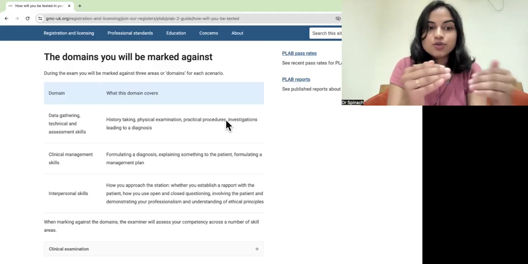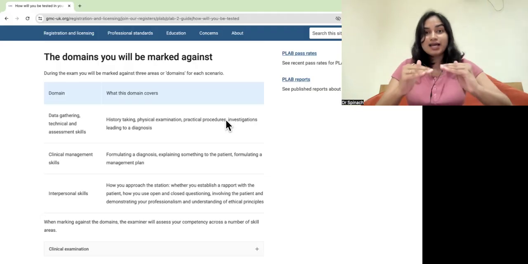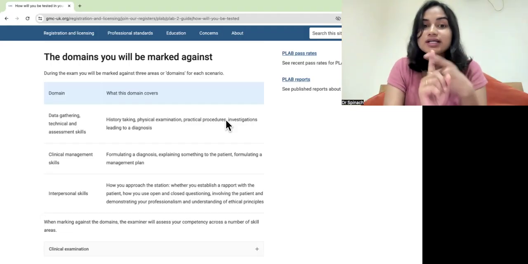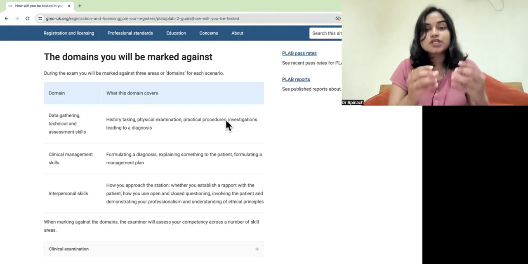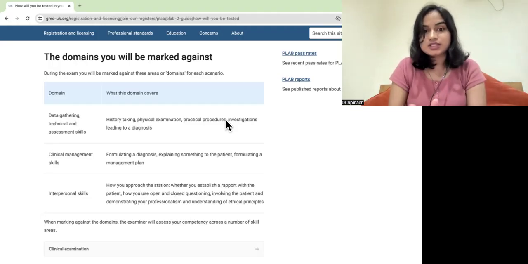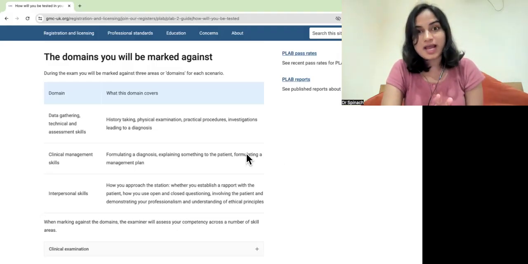Now, moving on to clinical management skills. Everything from the diagnosis onwards is covered in clinical management skills. So, formulating a diagnosis, how you formulated it, and how you explained this diagnosis to the patient come under clinical management skills. Finally, formulating a management plan also comes under clinical management skills.